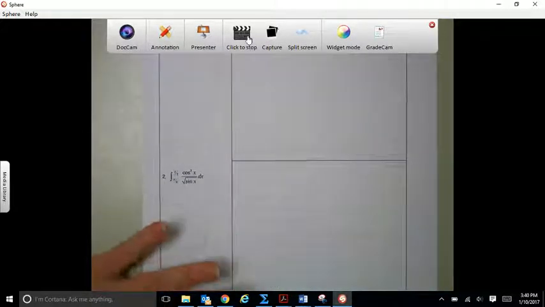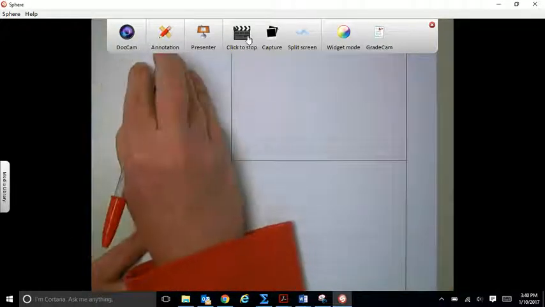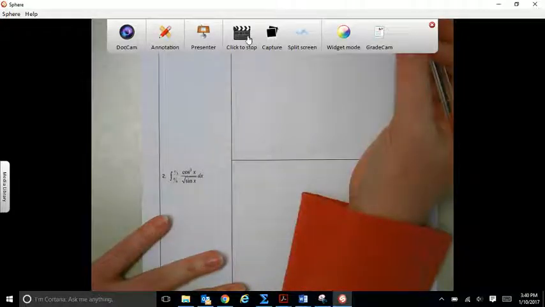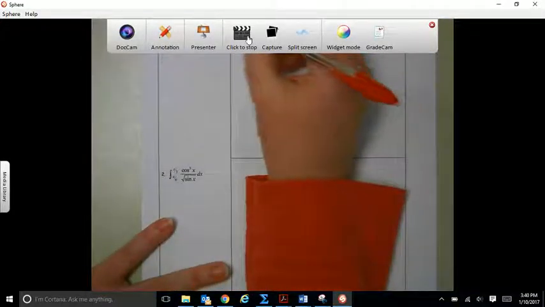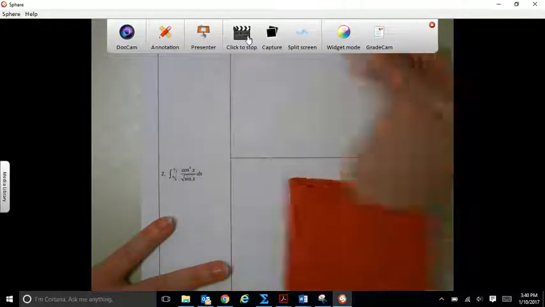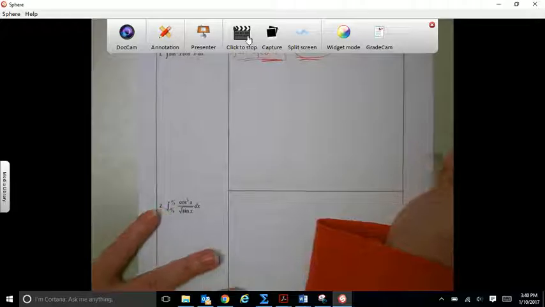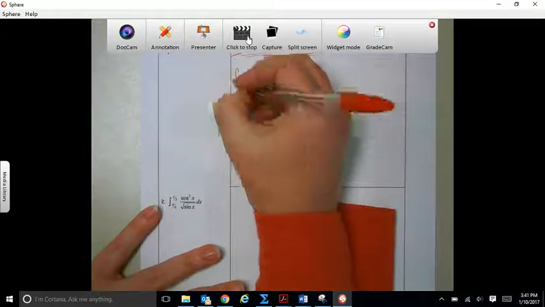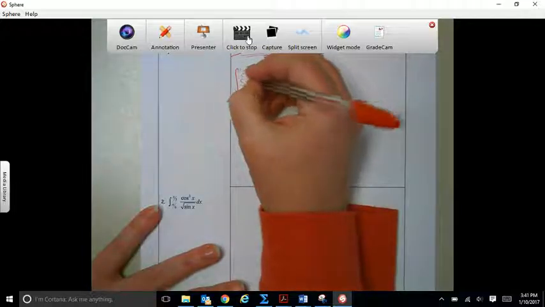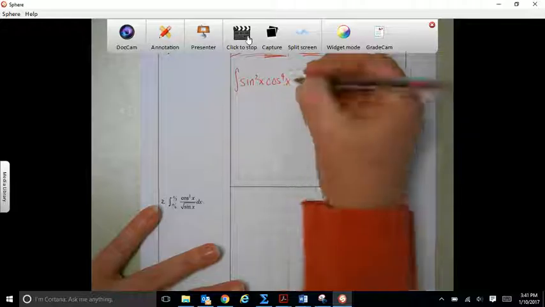So as we're doing these, when we decide which one to pull out, we want to pull one out so that the rest is evens. So here when I pulled out a cosine, the rest left were odds, so that didn't help us. Okay, so that's bad. So what if I went the other direction and I pulled out one of the sines? So I'd have a sine squared left and a cosine to the fourth left.